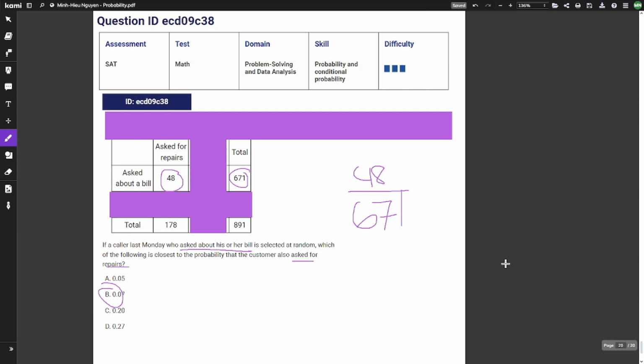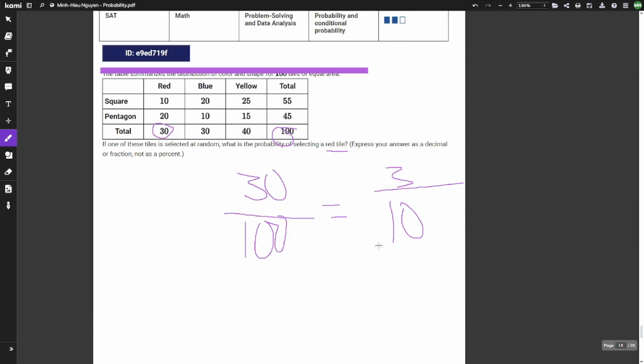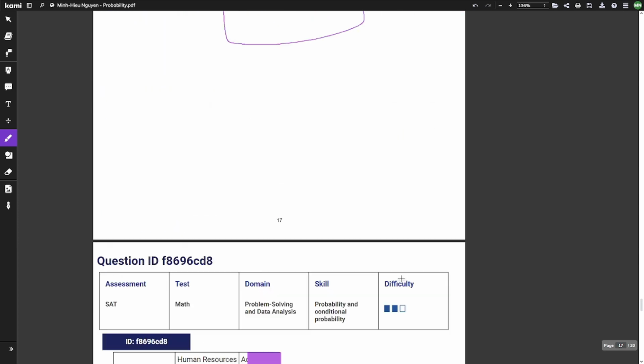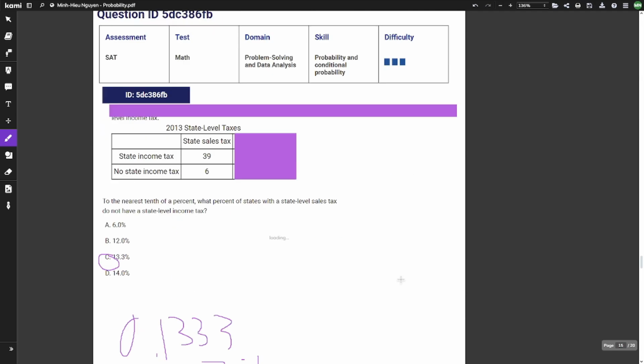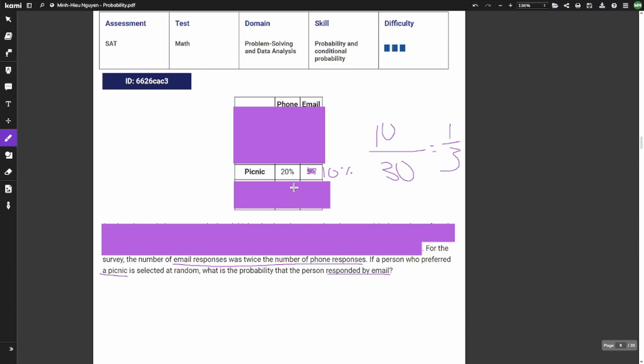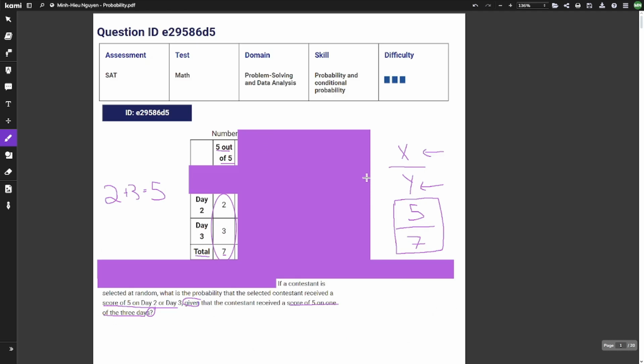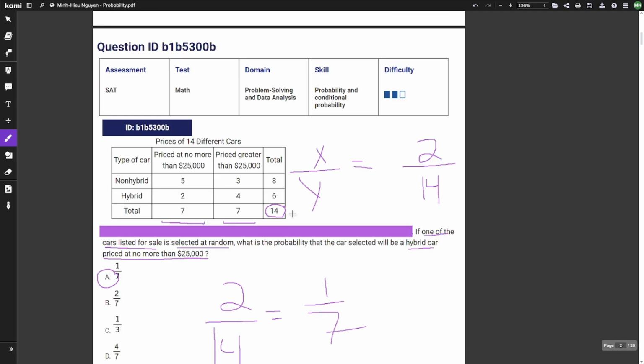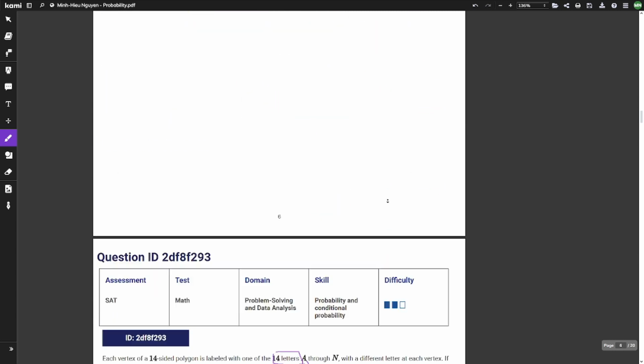Alright, that was 20 questions on probability. And if you notice, most of them are so easy. The hardest thing about this is going to be the reading, because that's the most crucial part. If you misread something, like if you missed that the email responses was twice the number, or if you missed the cards listed for sale, then that's where you're gonna mess up.